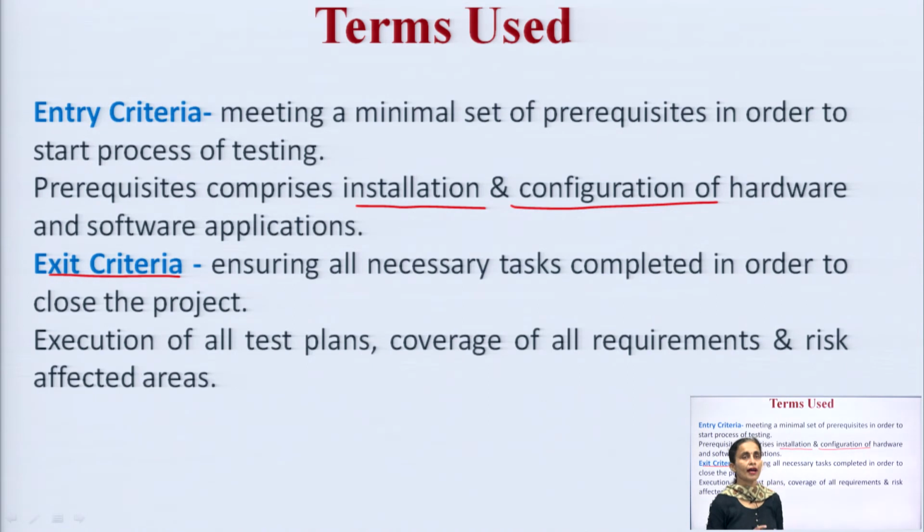Suppose we have handled all the kinds of defects and now we want to close the project. That means the moderator should define the entry criteria and the exit criteria during the planning, which we have discussed as the first phase of code inspection. The exit criteria defines the execution of all the test plans and coverage of the requirements.